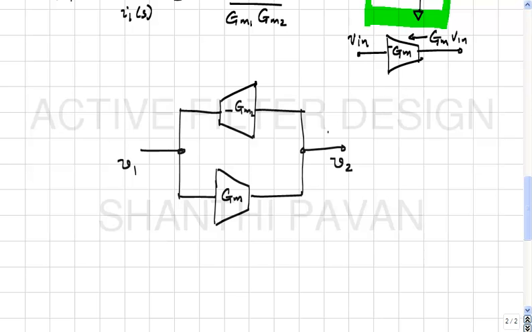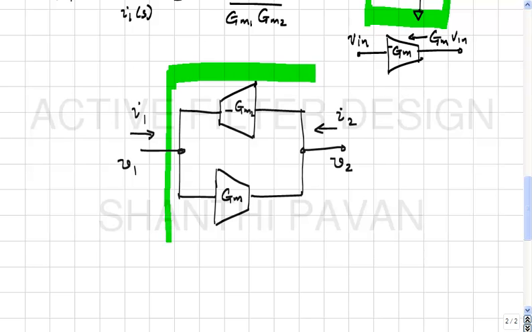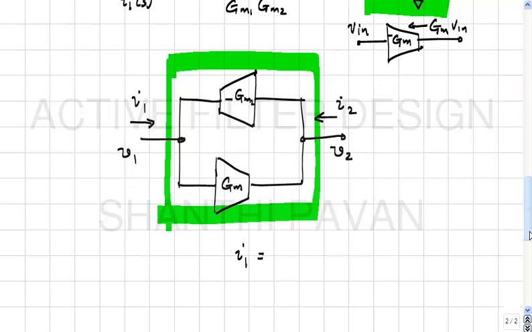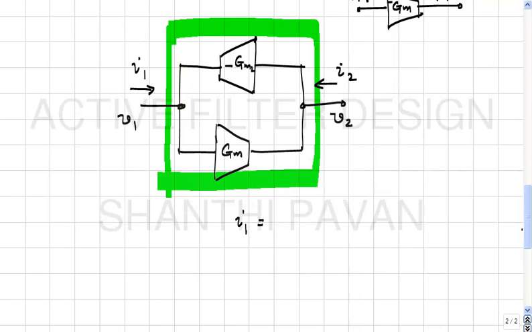Okay, in standard two port notation, the port currents are always going inside. Okay, if you think of this as a two port, all right, I1 is nothing but, what is I1?